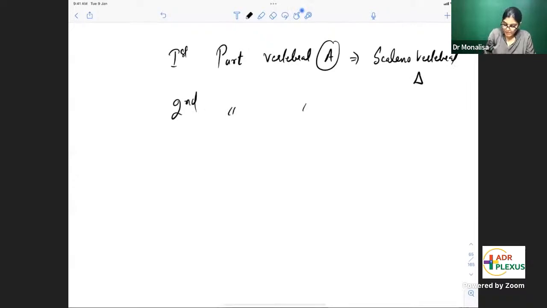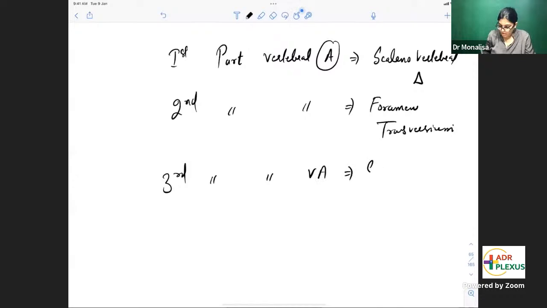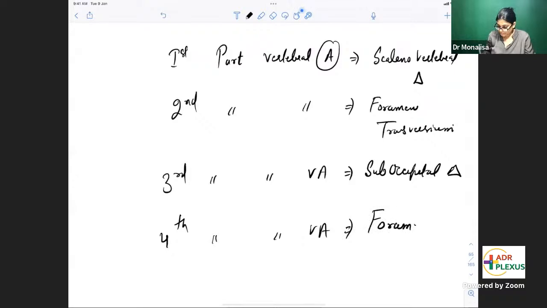The second part of vertebral artery passes through the foramen transversarium of the upper cervical vertebrae. The third part of vertebral artery is passing through the suboccipital triangle. And the fourth part of vertebral artery is passing through foramen magnum.